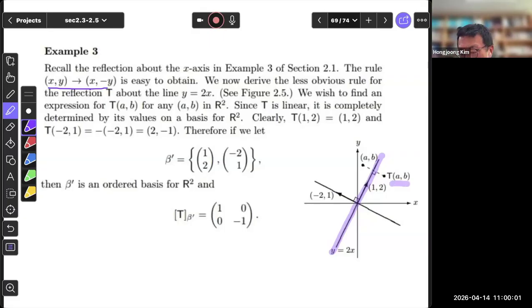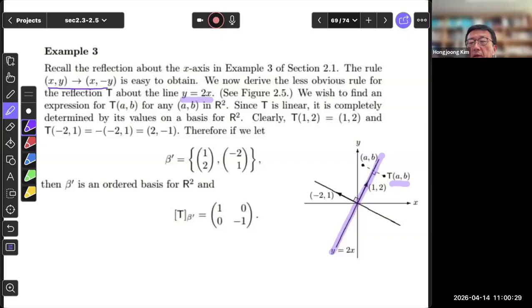And at that point, we want to use the theorem, because the reflection about the x-axis or y-axis is simple. So we can take advantage of this. Because if I consider this y equals 2x line, if I use the standard basis, finding the coordinate is a little bit difficult.